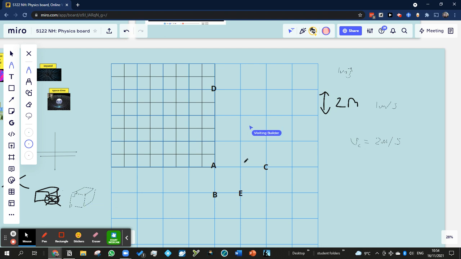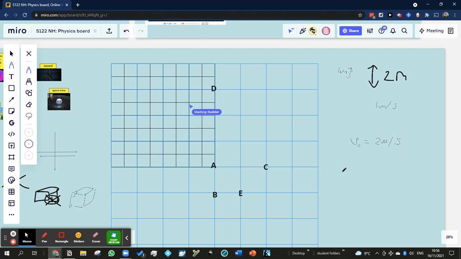And also what we can see is the further something is away from you, the faster it seems to be moving away from you. If we look at D, it was originally 3 meters away. Now it's 6 meters away. So it's increased by 3 meters.